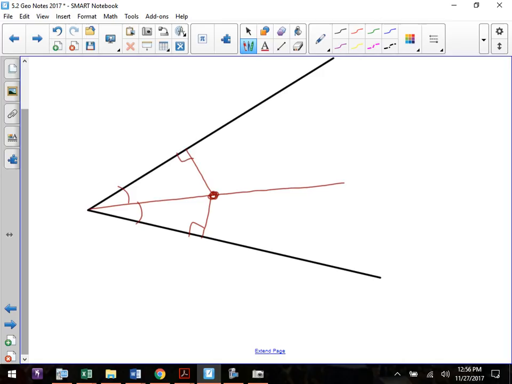So here, what would this be then? It's reflexive, isn't it? So don't you wind up with two congruent triangles here? Because of angle, angle, side. Because the side's not between them.